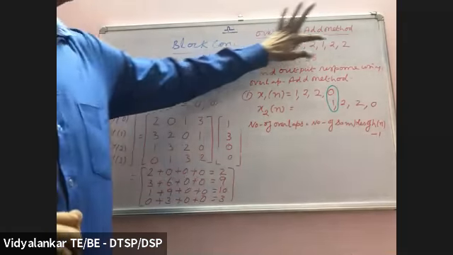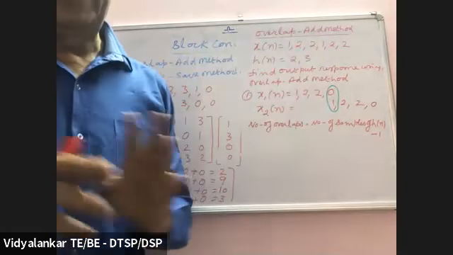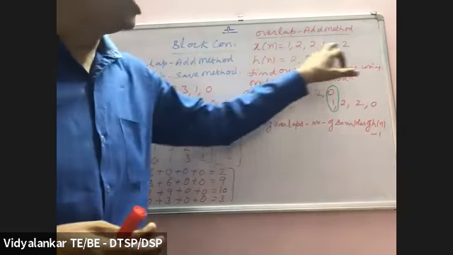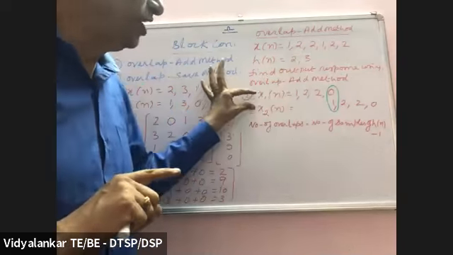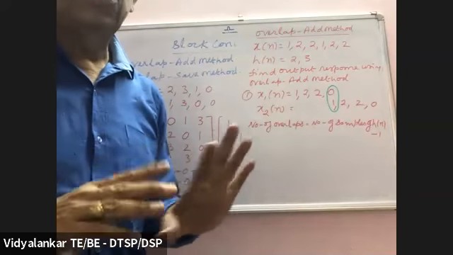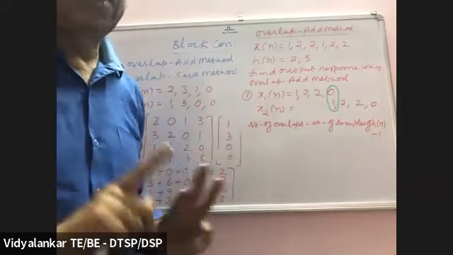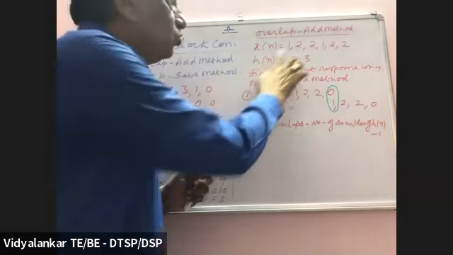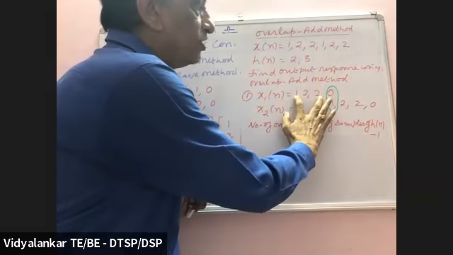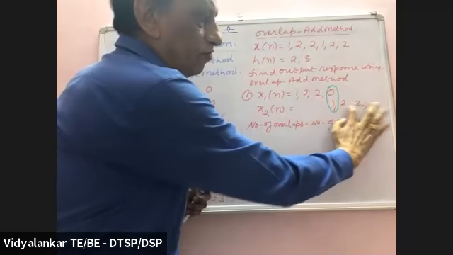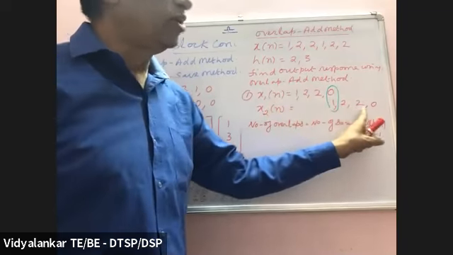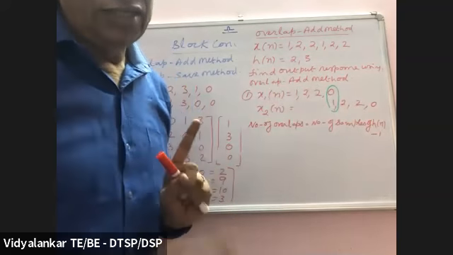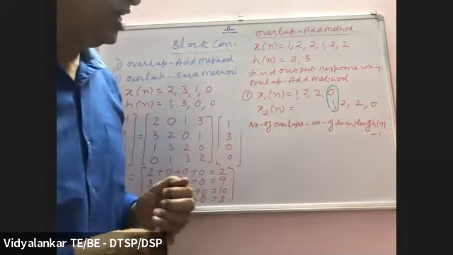Whatever input is given, first we have to split it. If 6 values are given, then we have 2 choices: the 6 values we can split into 2 parts, or into 3 parts. First I am splitting them into 2 parts: x1 is the first 3 values, and the second signal is the remaining 3 values. After 1, 2, 2, x2 starts with 1, 2. Then what is the meaning of overlap?